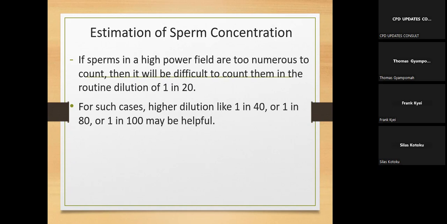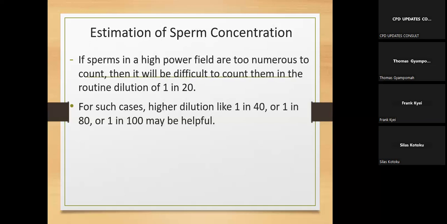You do the serial dilution concept. Serial dilution is where you have already made one dilution. You are going to use that dilution to make another dilution. Okay, so if let's say I have made a 1 in 20 dilution and I want to make a 1 in 40 dilution, I will make a 1 in 2 dilution from my 1 in 20 dilution.